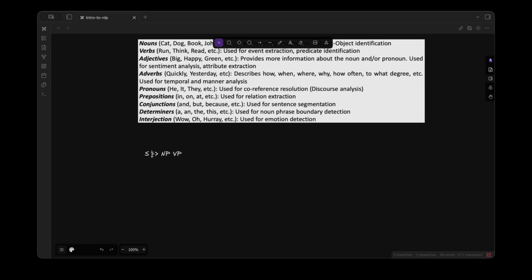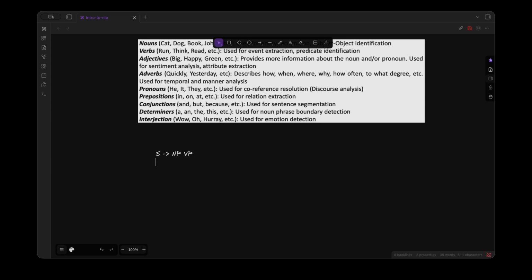S you can think of as the source, basically the start symbol. NP is the noun phrase. What is a noun? Like cat, dog, book. VP is the verb phrase.